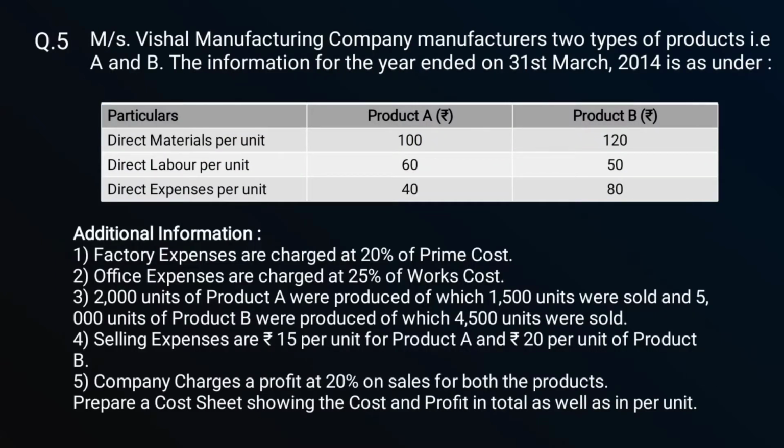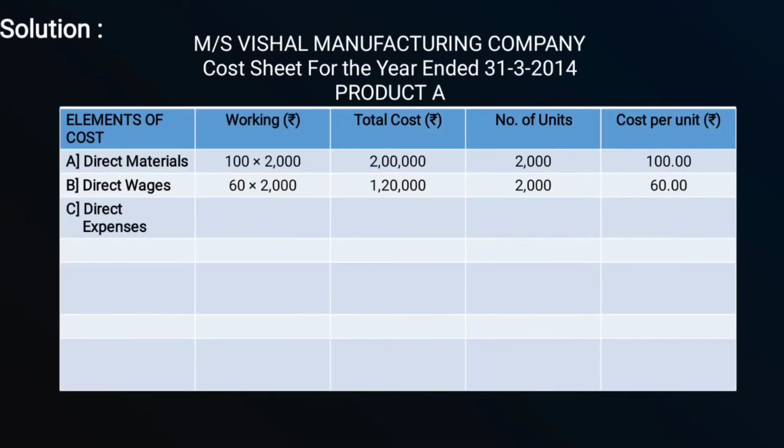Next we'll record direct expenses. So direct expenses per unit of product A is given as 40 and units are 2000 for product A. So we'll record it. Part C, direct expenses. Working will be 40 per unit into 2000 units. So total amount will be 80,000.